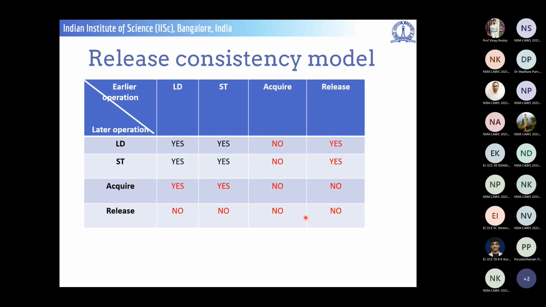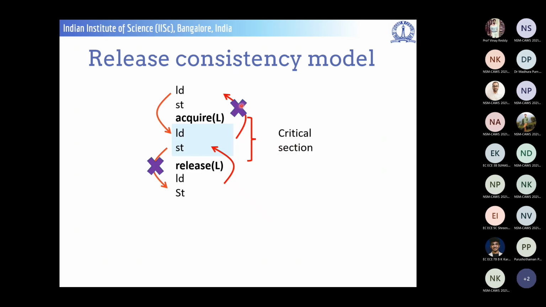You have acquire and release. The later acquires can bypass earlier load stores, but not the other way around. So if you take acquire here, an earlier acquire cannot bypass the later load store. This is what is not allowed, right?